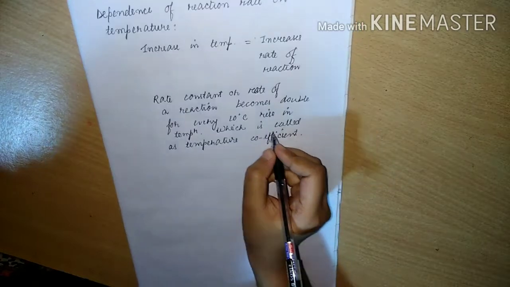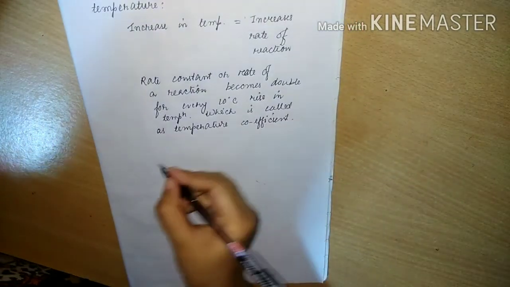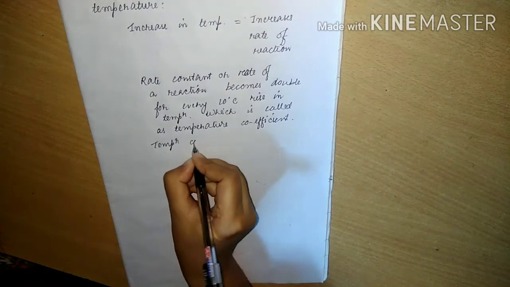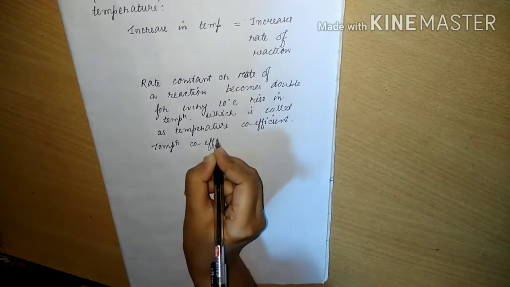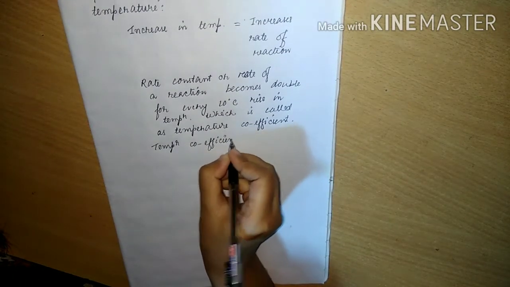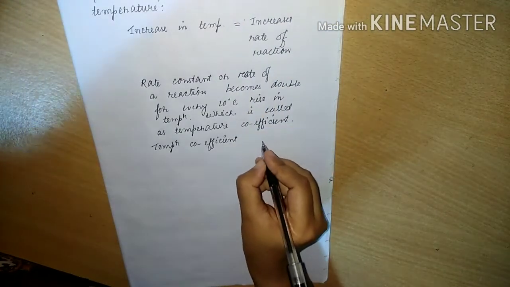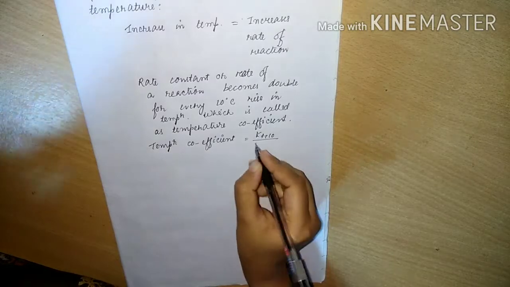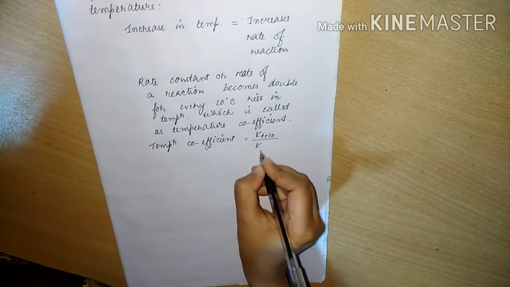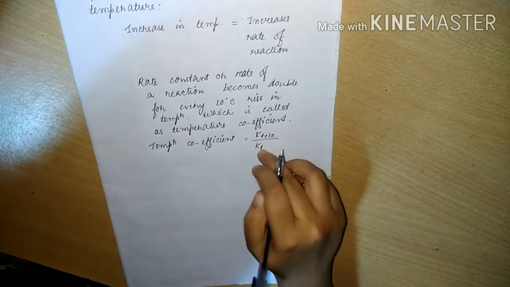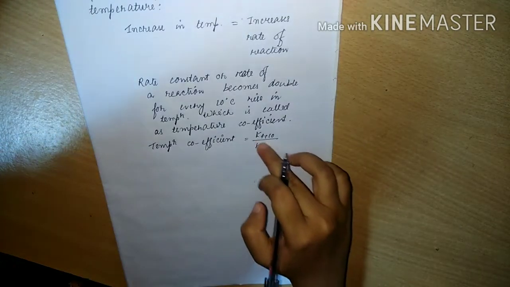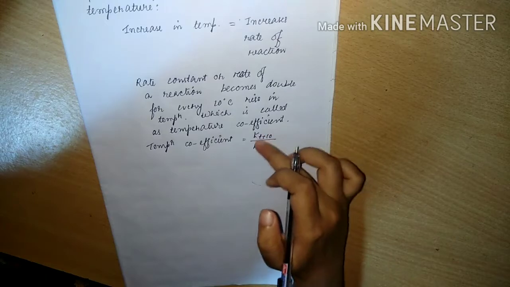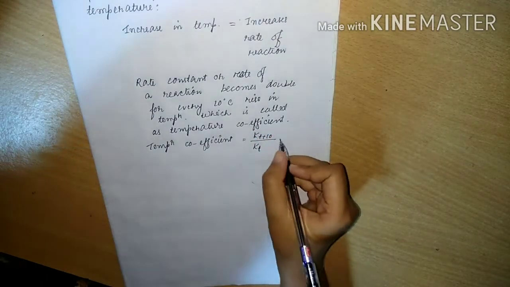Okay. So how can we write the temperature coefficient? Temperature coefficient is equal to K at T plus 10 by K at T. মানে K at T হবে rate constant at the given temperature. আর যদি 10 degree centigrade add করি তো what will be the temperature coefficient?